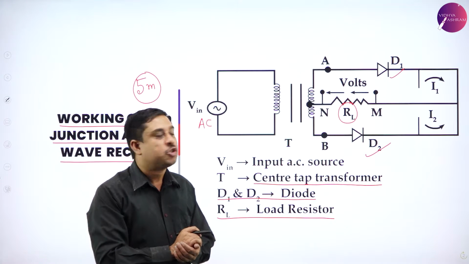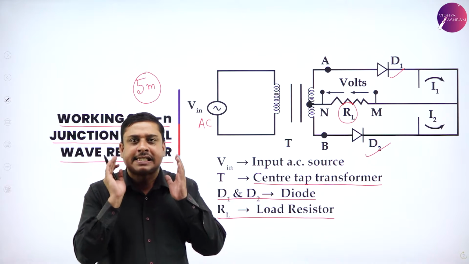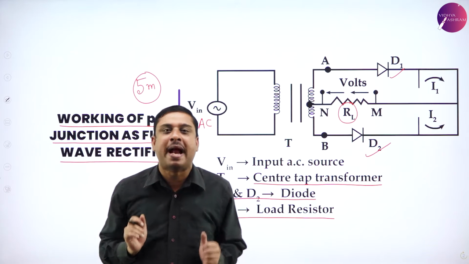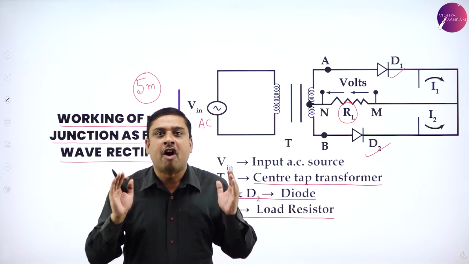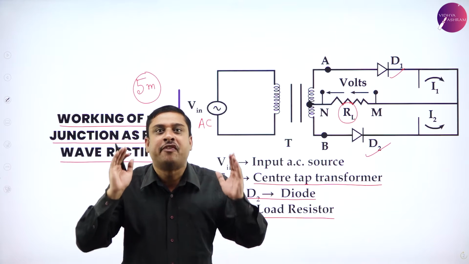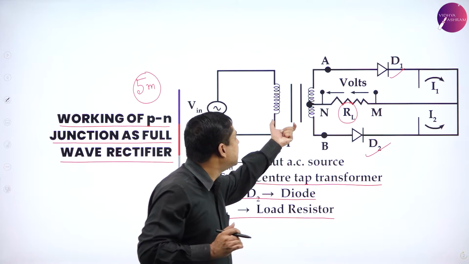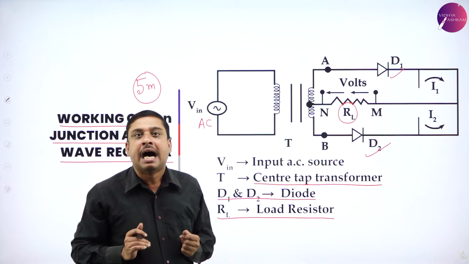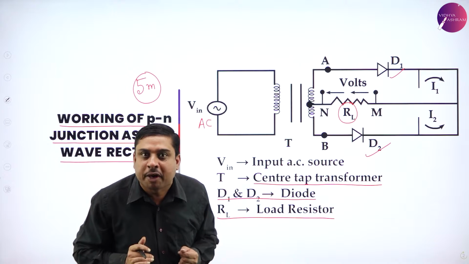So understand, students, the circuit arrangement that is done for full wave rectification consists of a center tap transformer.